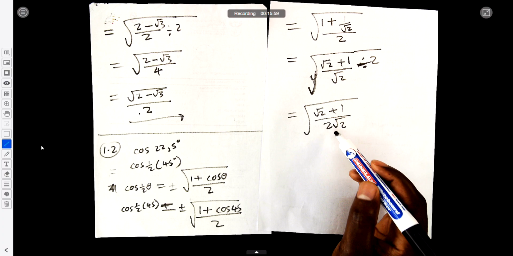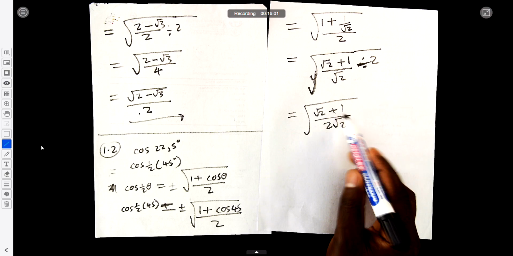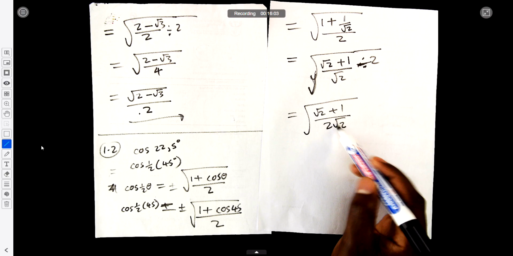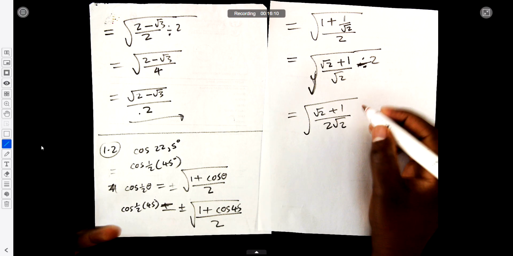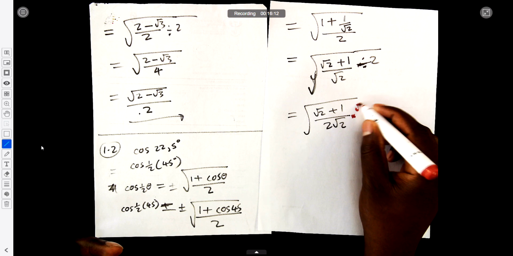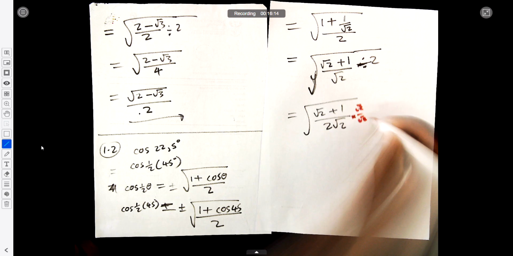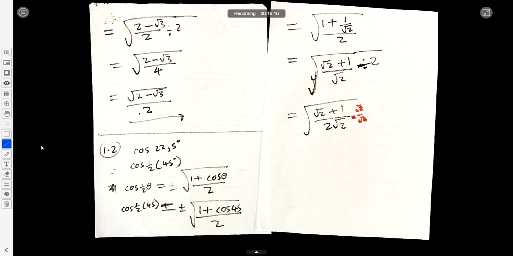So hence try to rationalize by applying root 2 over root 2, multiplying the numerator. So the addition is multiplied by root 2 over root 2. I want to get rid of that irrational number, to get a rational number.